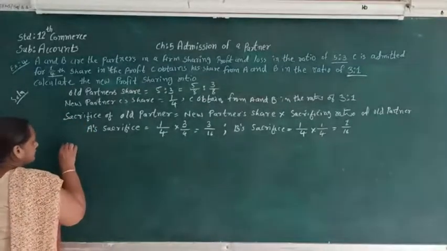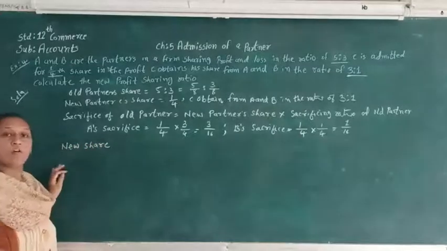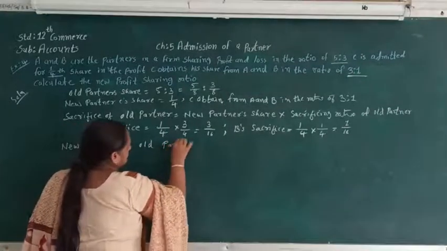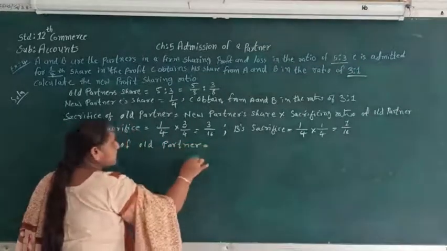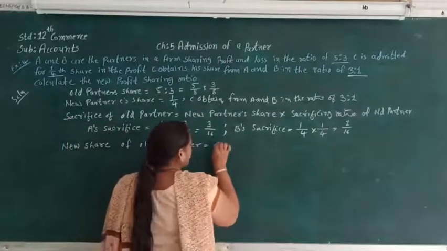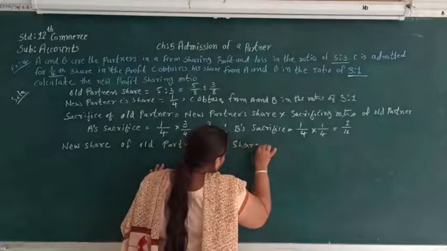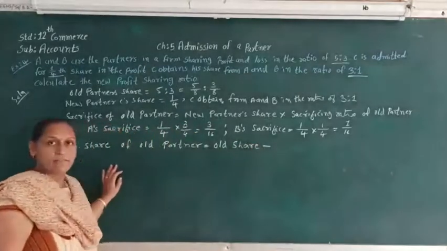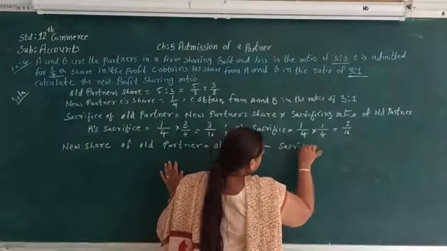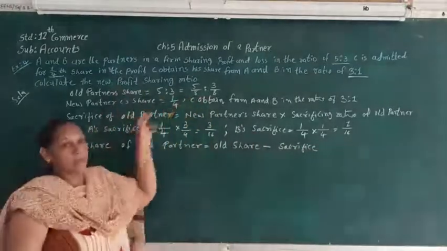So now the new share of an old partner is equal to the old profit sharing ratio, that is the old share, minus the sacrifice. The old share of A is 5 by 8.